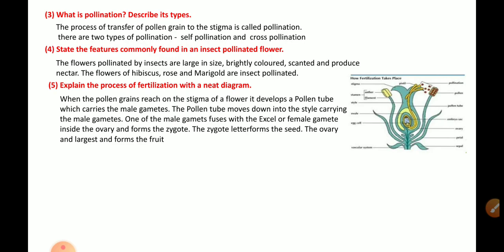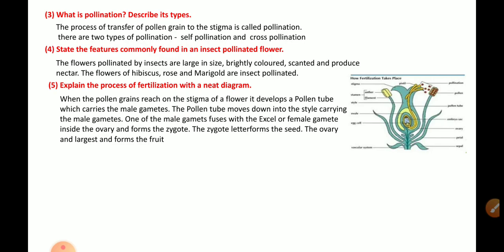Next, the pollen tube moves down into the style carrying the male gametes. One of the male gametes fuses with the female gamete inside the ovary and forms the zygote. The zygote later forms the seed, and the ovary forms the fruit.